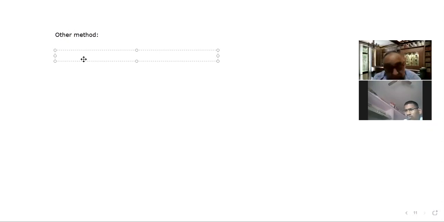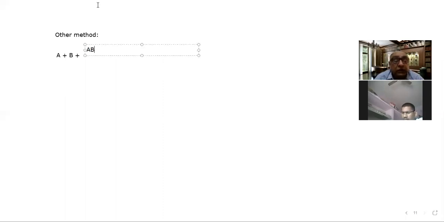The formula becomes A plus B plus AB upon 100. This is the resultant change when the two changes are given.